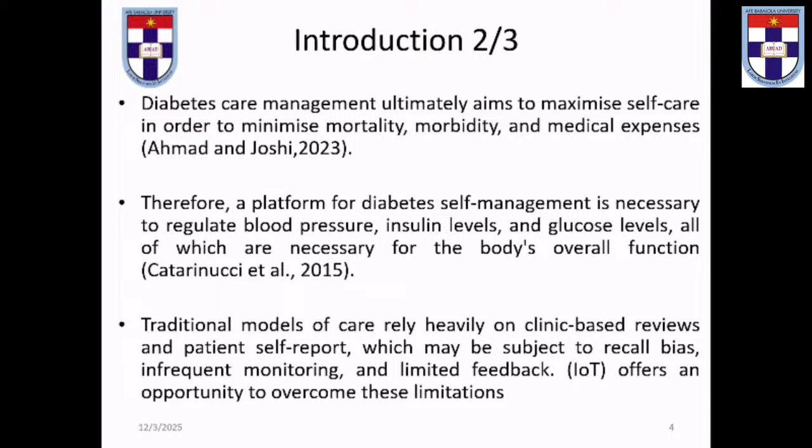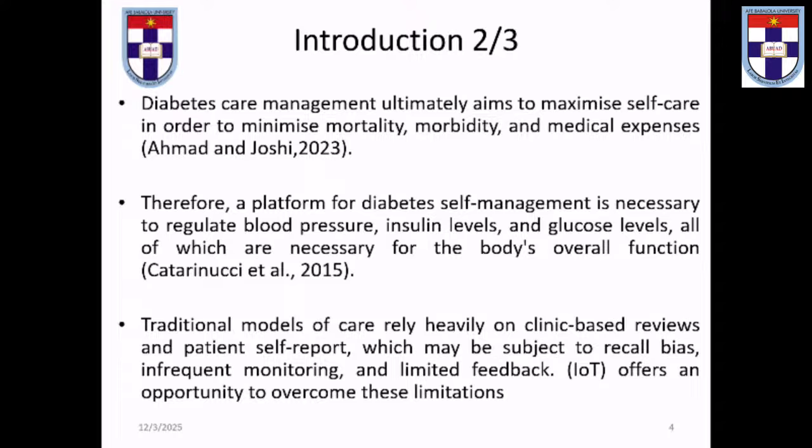However, self-care is important when it comes to diabetes mellitus to reduce morbidity and mortality rate. The usual platform we use is a traditional model in the clinic, which relies heavily on clinic-based reviews and patient self-report. It has been discovered from research that there are a lot of biases in the traditional models.